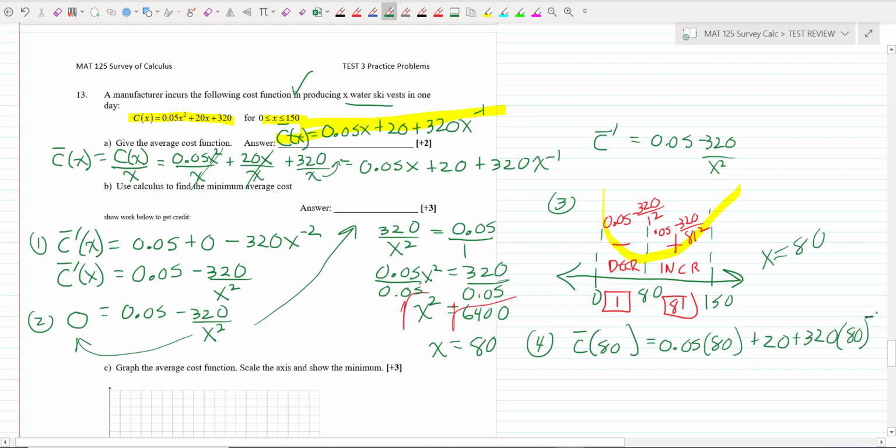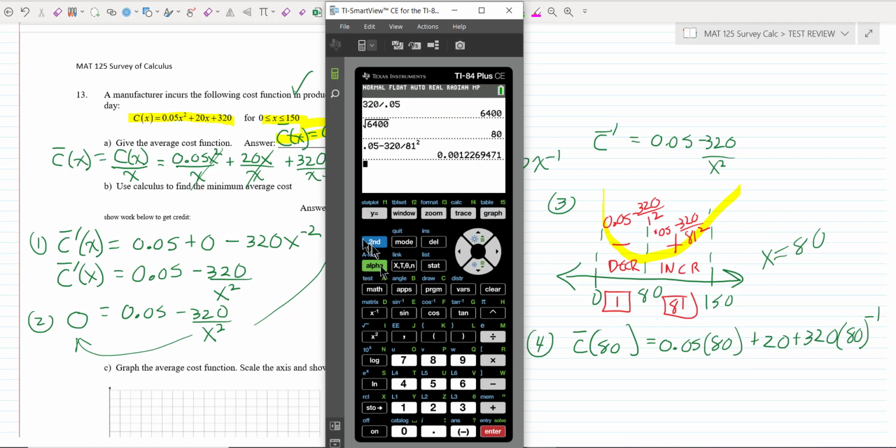You're going to use your calculator anyway, so I'm just going to plug it in like that. I have 0.05 times 80 plus 20 plus 320 times 80 raised to the negative 1 power, and that gives 20. So that gives $20 as our minimum average cost.